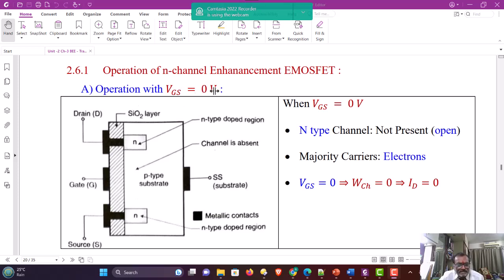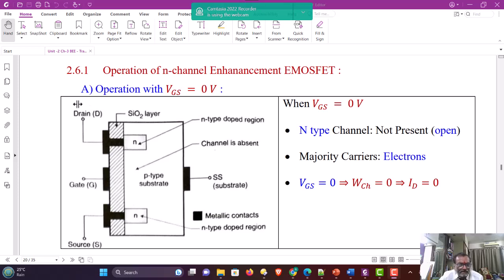When VGS applied between gate and source is 0, since no voltage is applied, there exists p-type material here and here there is n-type material. So there is a p-n junction here and there is a p-n junction here. So it is as good as two p-n junctions connected in opposite direction.